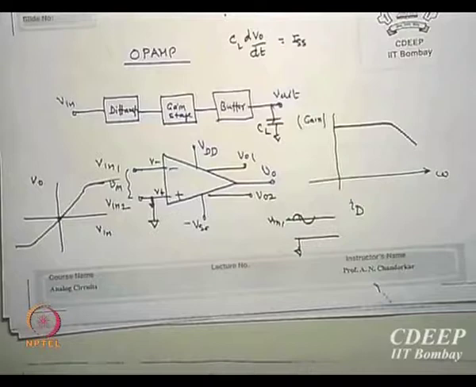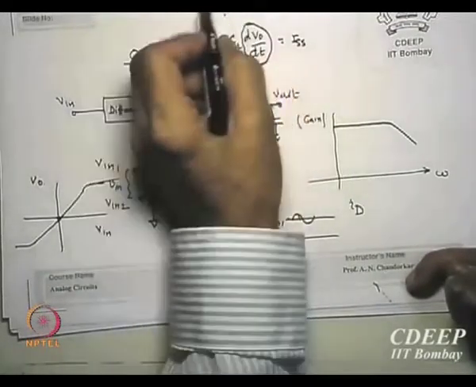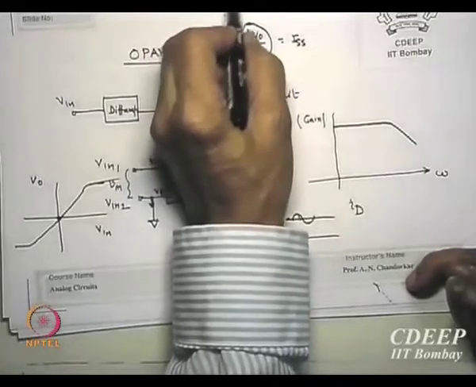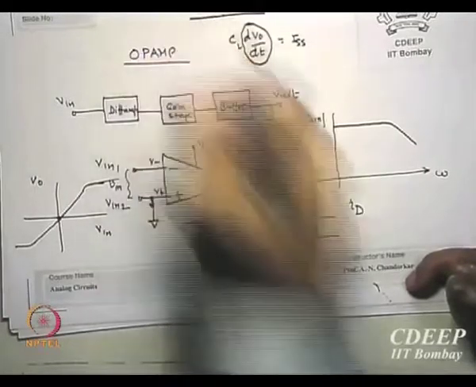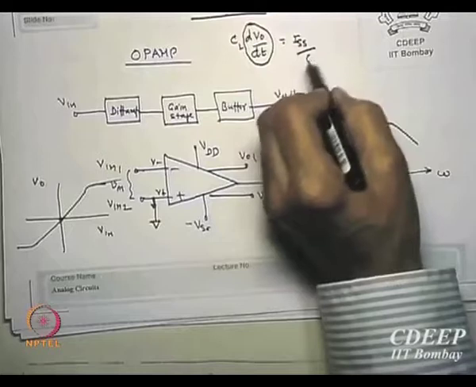Is that correct? This term dV0 by dt is called slew rate, the rate at which the output charges to high or low, and that is decided by ISS by CL.